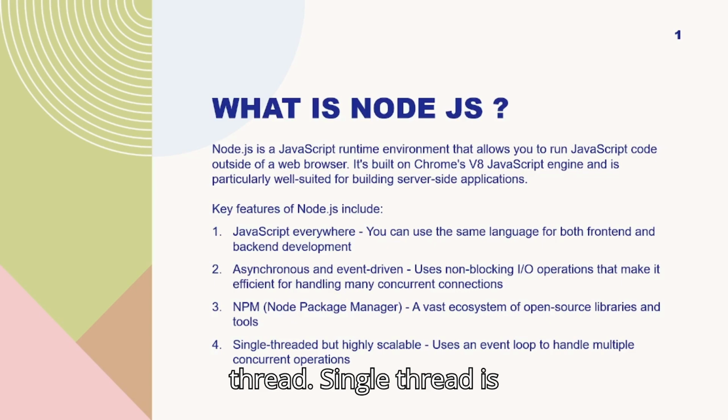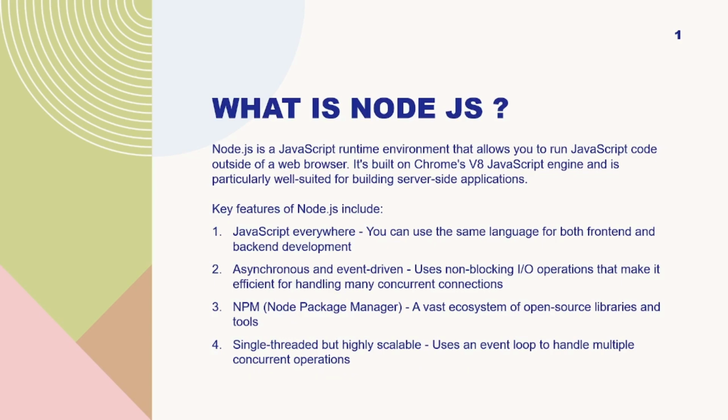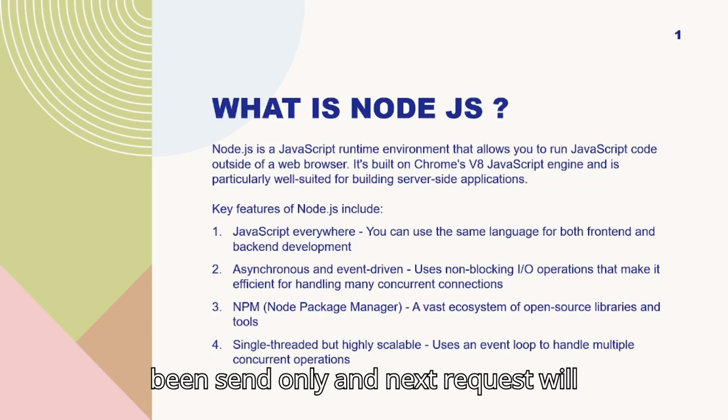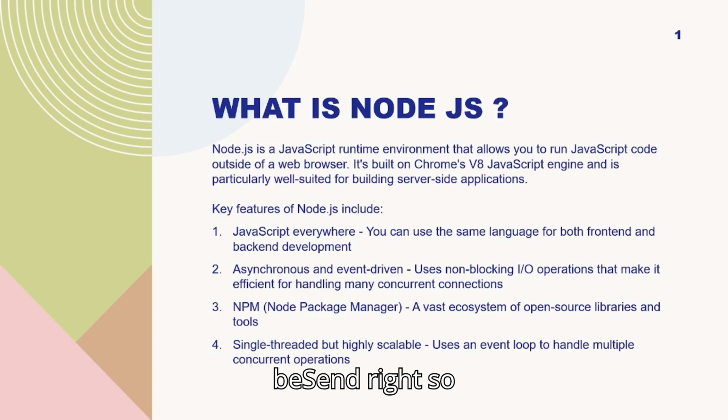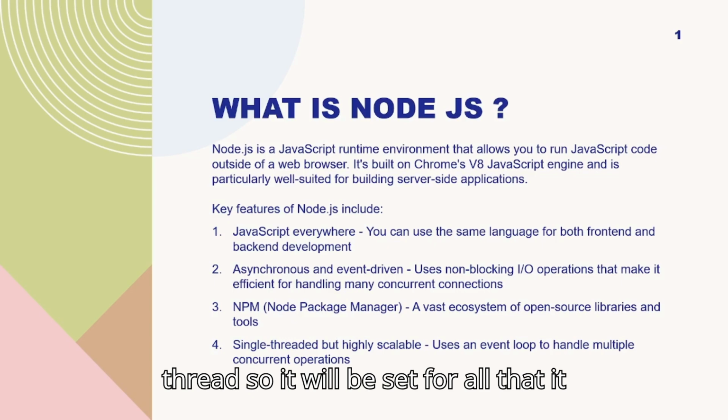Single thread, highly scalable. We already saw that it is asynchronous: the first request is sent, then the next request will be sent. The single thread is only one thread, so it handles everything.